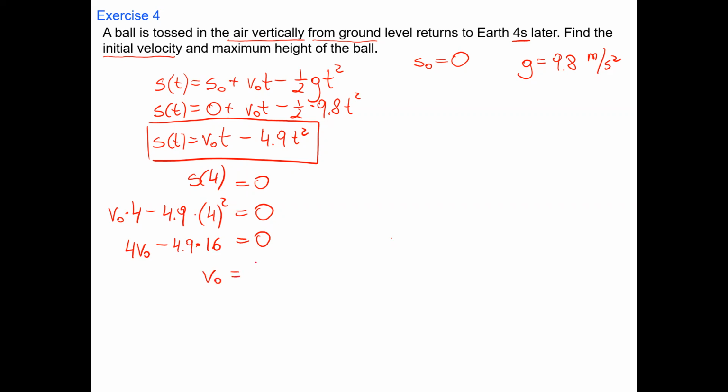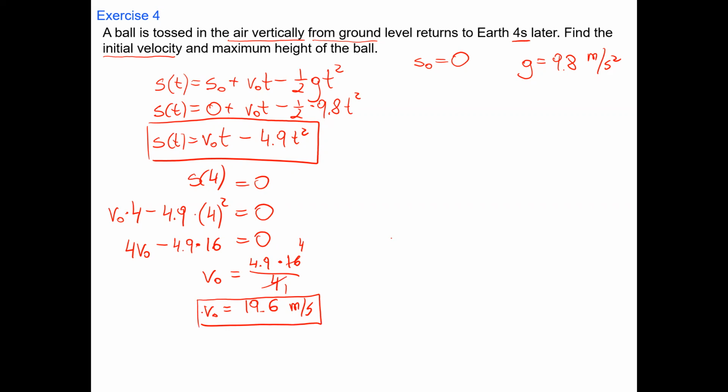When we solve this for v sub 0, we have 4.9 times 16 over 4. We can simplify. 4.9 times 4, it's almost 20 because it's 5 times 4, but we have to subtract 0.4, right? 19.6 meters per second. Yes, we did get the initial velocity.